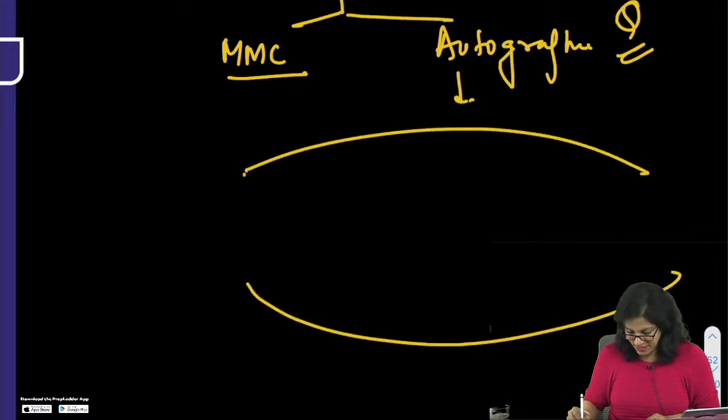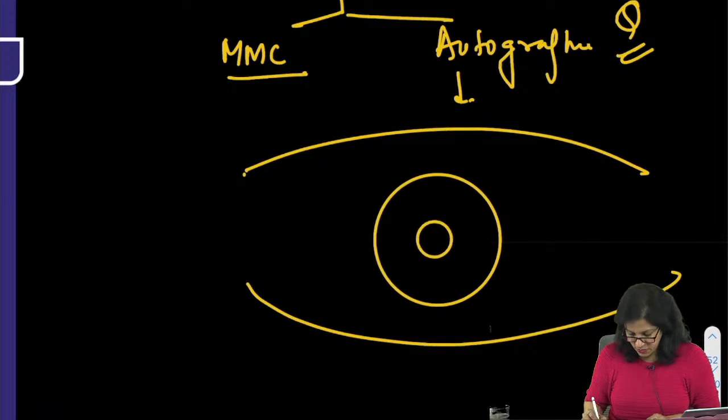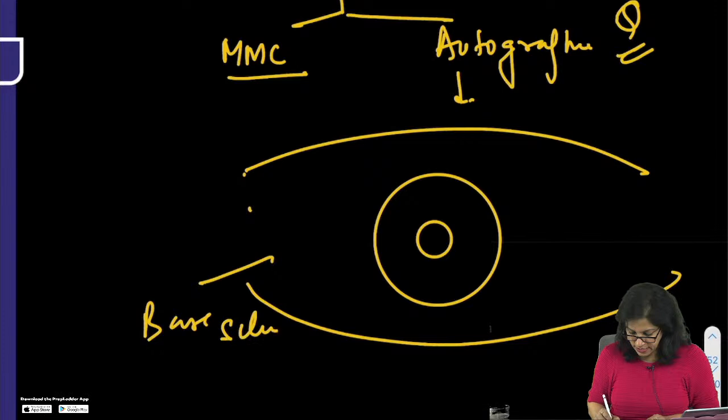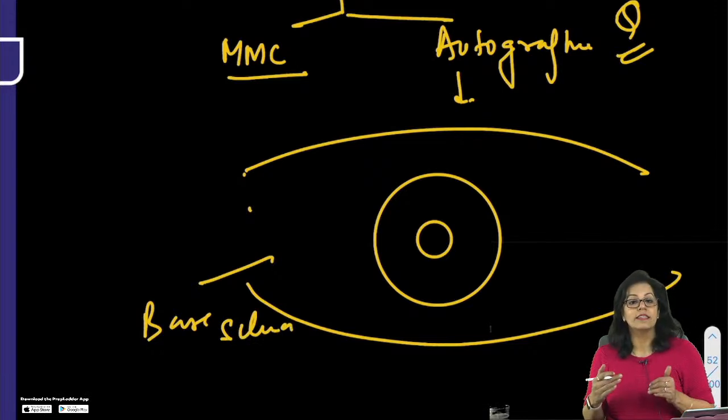Make the diagram. Suppose this is the pterygium. You are removing this pterygium and this is now the bare sclera. If I simply leave the bare sclera, this is called bare sclera technique, but in that case the recurrence is very high.